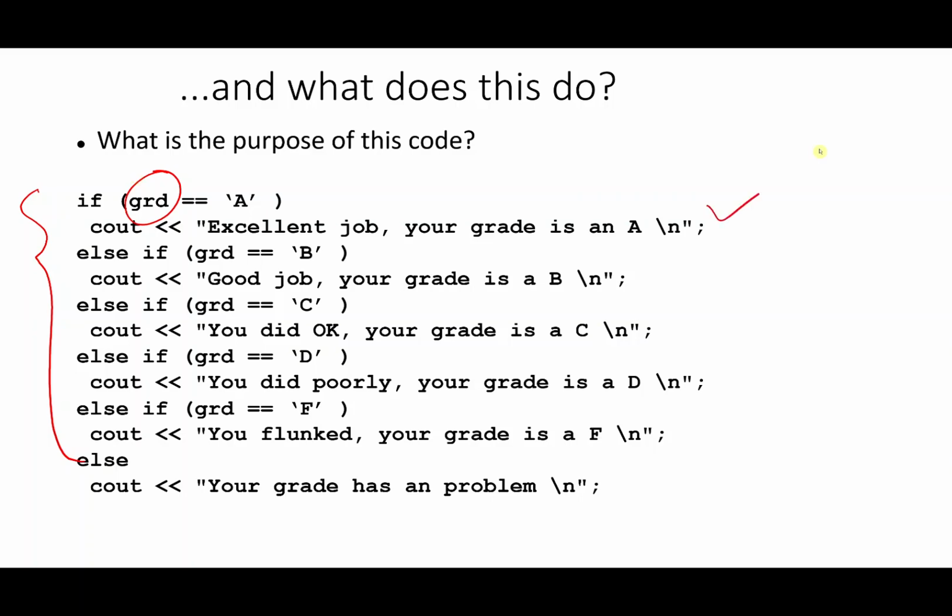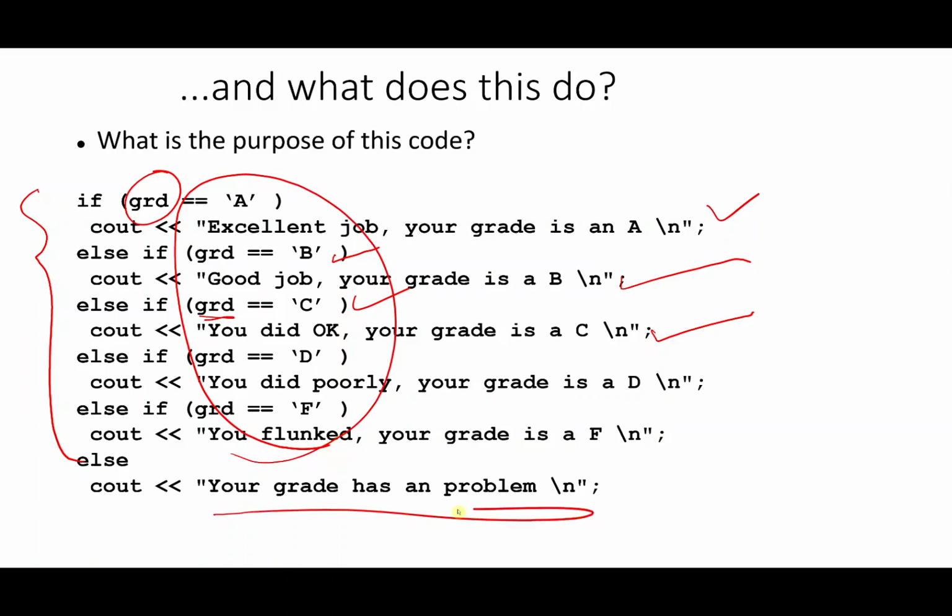If it's B, you're going to print this. If your grade is C, you're going to print this. If you don't have one of these grades, then you're going to say your grade has a problem, because what we have is A, B, C, D, or F, without the plus and the minus.